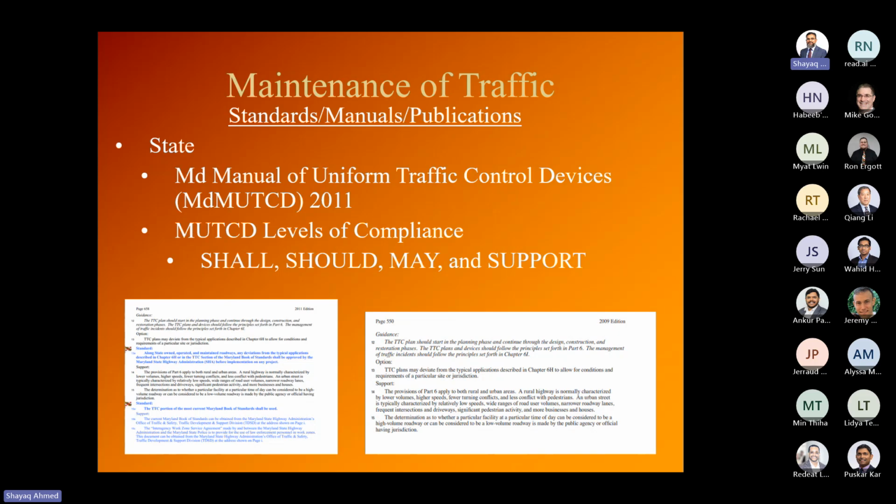As I said, the MUTCD's latest version is 2023 from Federal Highway, but we use the 2011 version for our design. So basically, SHA is allowed to take the federal MUTCD and implement their standards. On the left you see the 2011 version of the MUTCD, and on the right side is the 2009 version of the Federal Highway MUTCD.